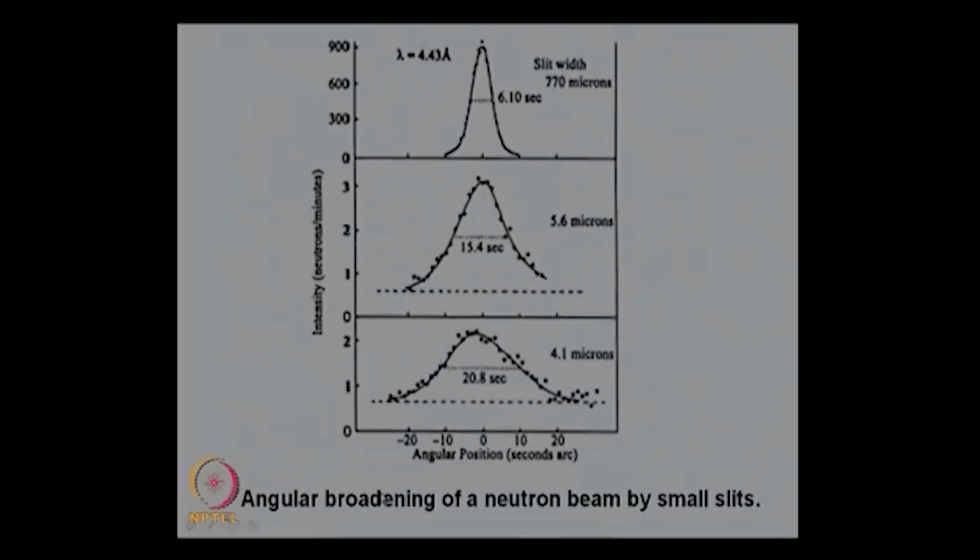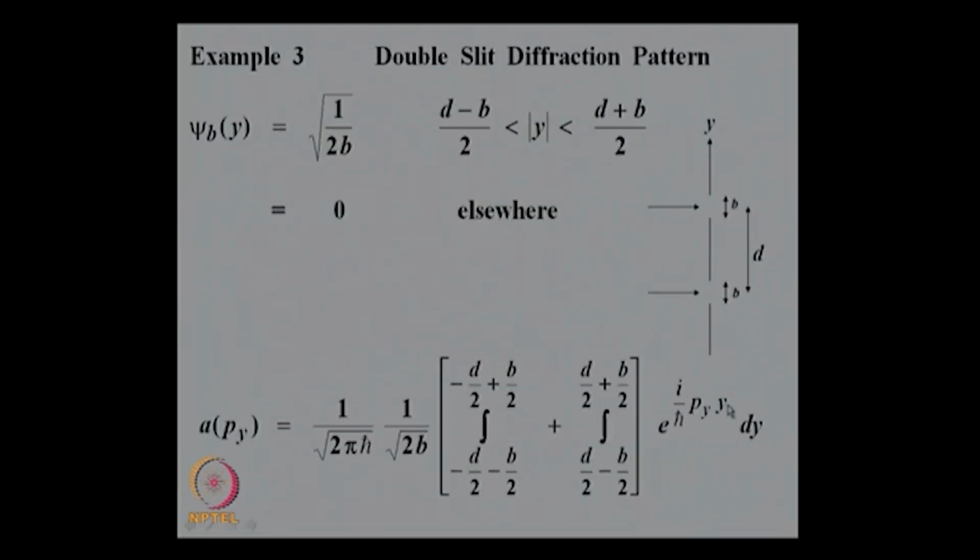So, in the back of your mind you think that it is a particle, but it gives rise to the diffraction pattern, and as I will mention now, to the interference pattern. The smaller the width of the slit, the greater will be the diffraction, and that is consistent with the uncertainty principle.